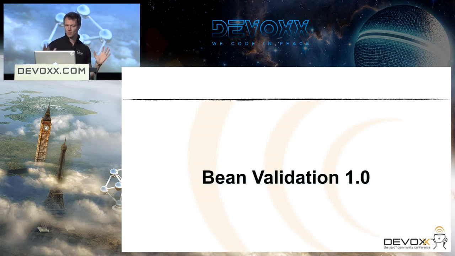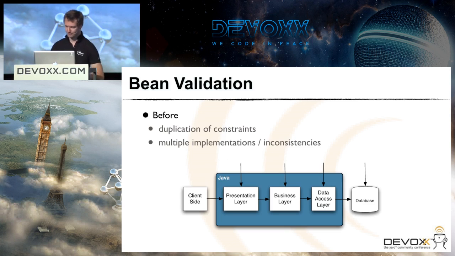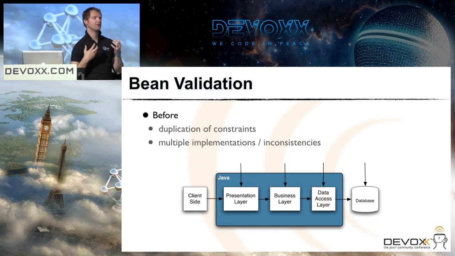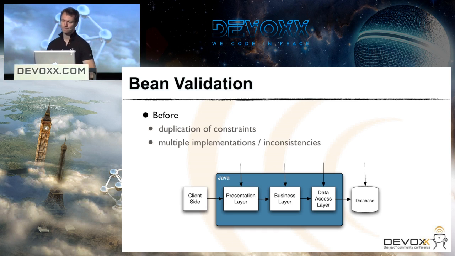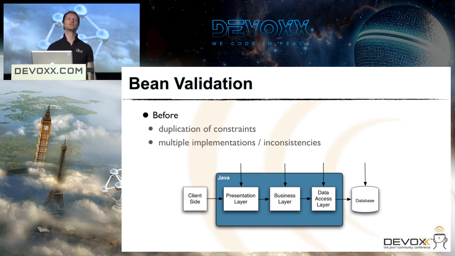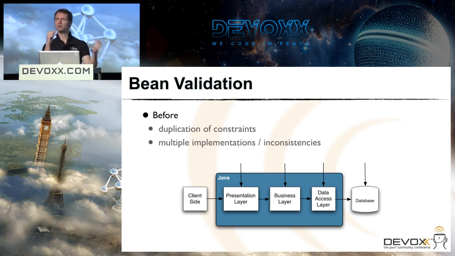All right, so what is Bean validation 1.0? And why did we do that? Well, if you looked at the Java ecosystem before Bean validation, we had different layers. And for a lot of those layers, we were actually having some kind of validation logic attached to them, except there was no communication between all those layers.